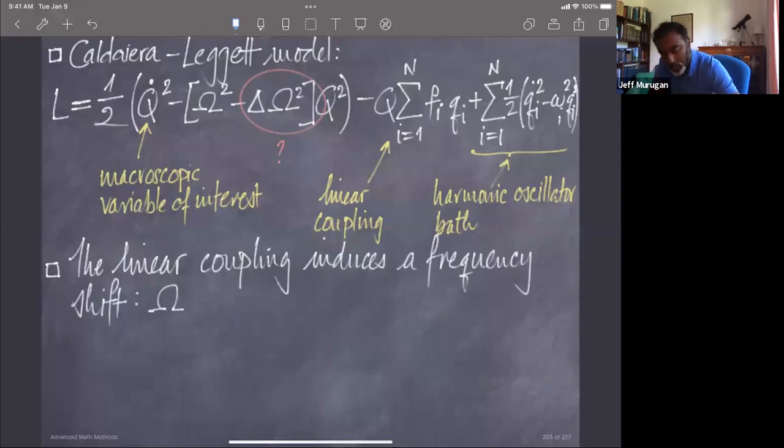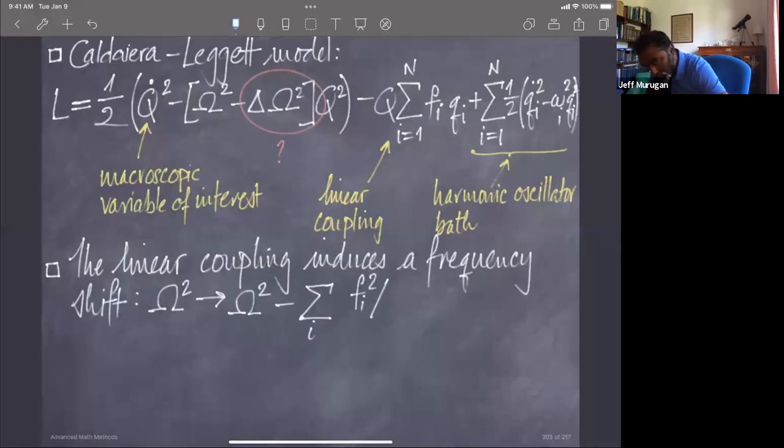Omega squared goes to omega squared minus the sum over i of f_i squared over omega_i squared.